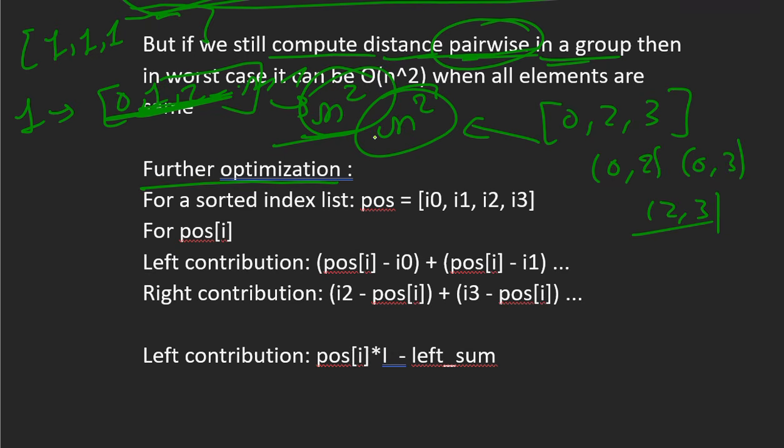As we know, we are storing the indexes in sequential order, so the list of indexes in the group will be in sorted order. Let's say the positions have the indexes i0, i1, i2 and i3.